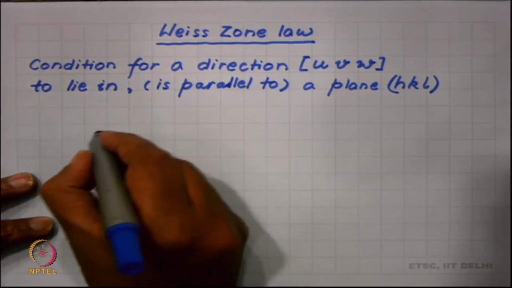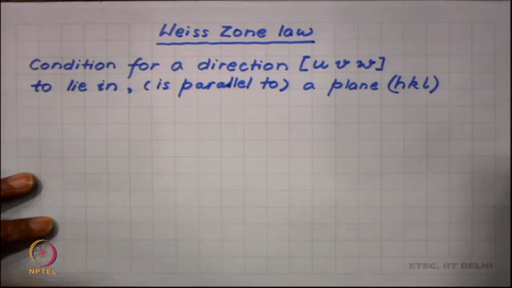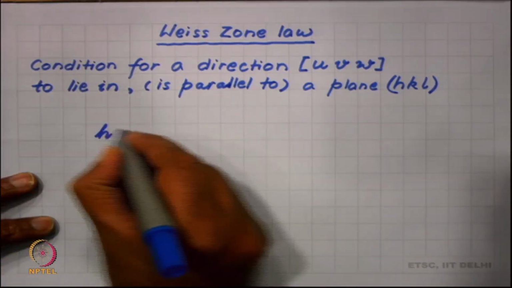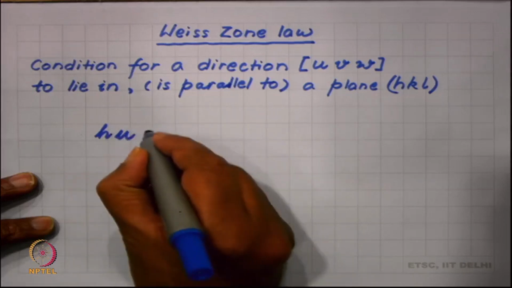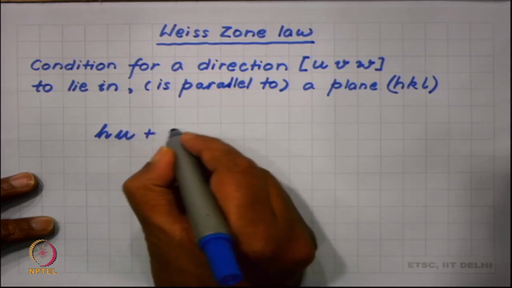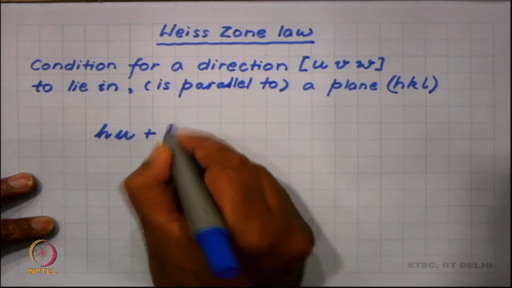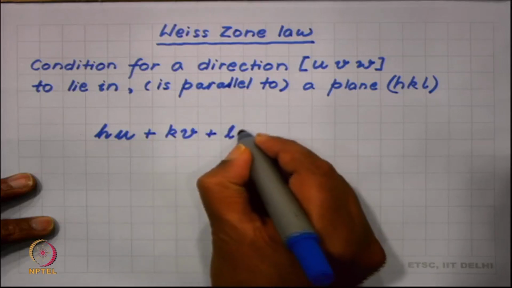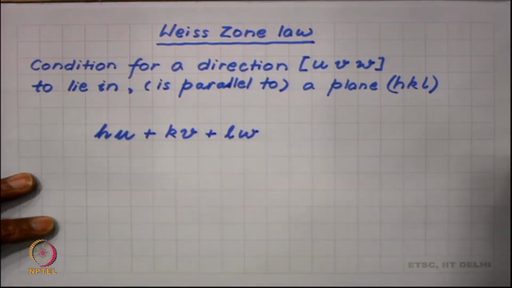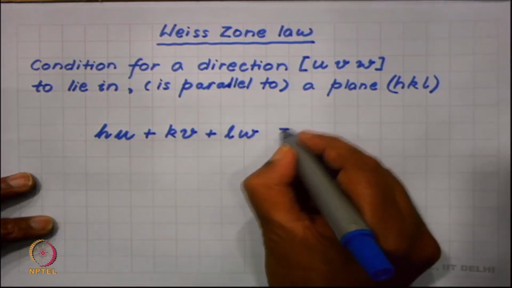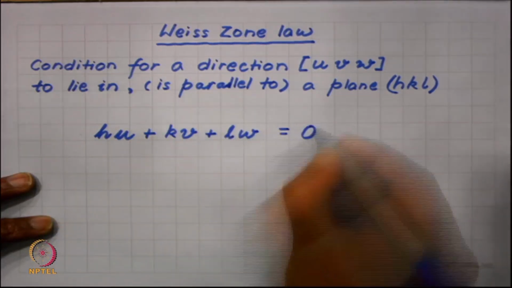And the condition itself is quite simple. All you have to do is multiply the corresponding indices, the first one with the first one, HU, then KV, and then LW, and add them. And this sum of the products HU plus KV plus LW should be 0.